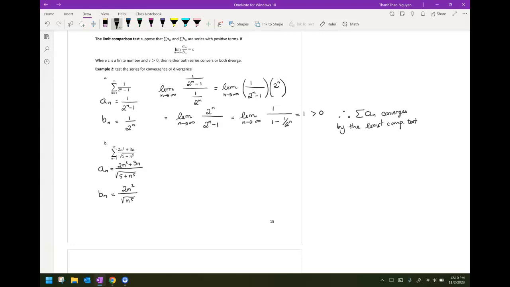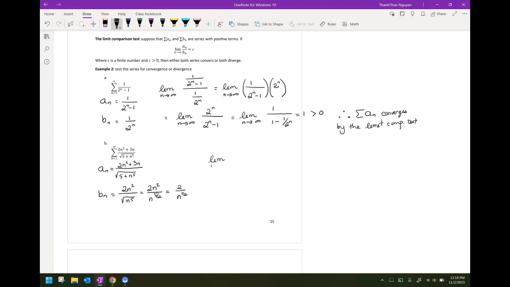Let's go ahead and simplify this. This is 2n squared divided by n to the 5/2, and this is 2 over n to the 1/2. So let's go ahead and do the limit comparison test.